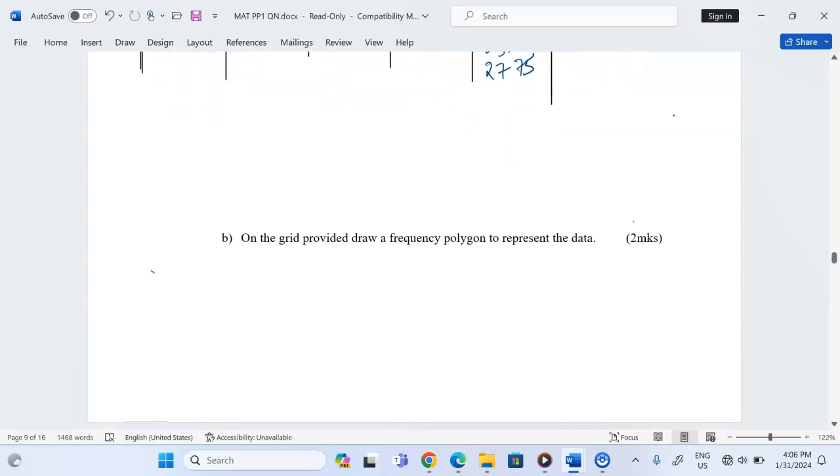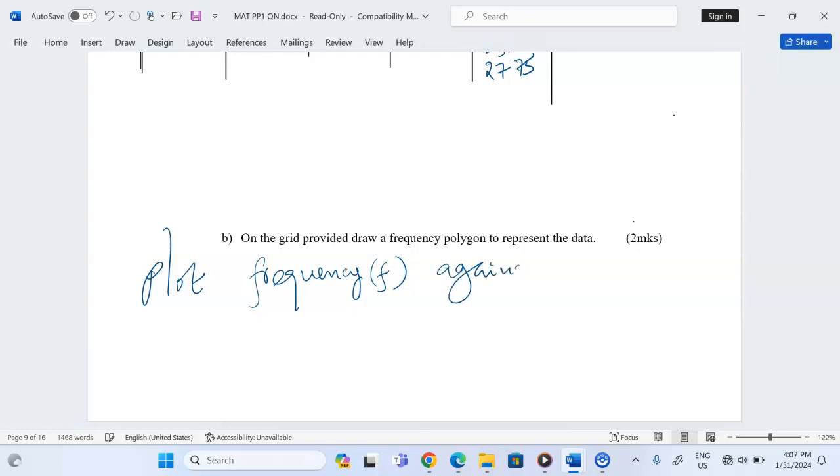For this one, we plot frequency F against midpoints, which is X. Frequency F against midpoints.